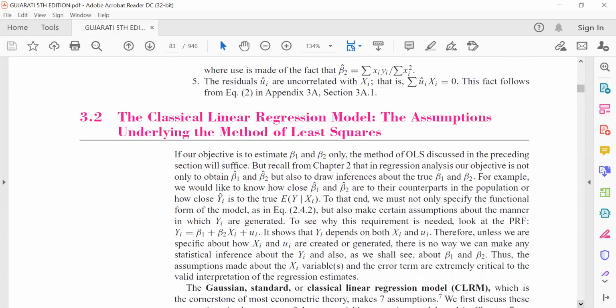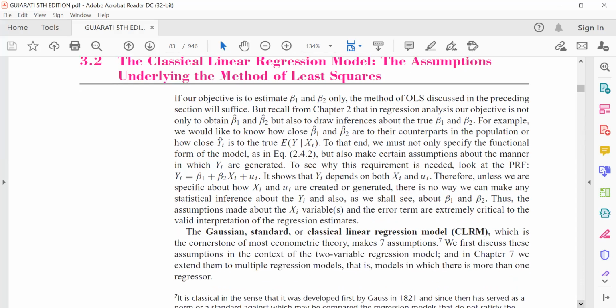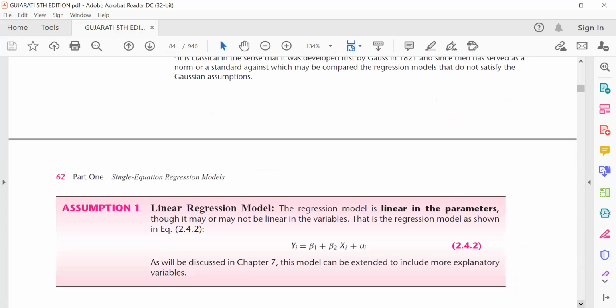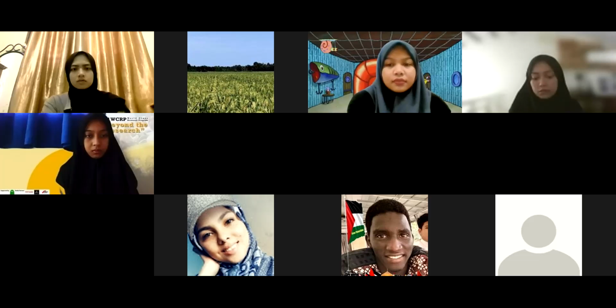Classical linear regression assumptions. There are some assumptions of the classical linear regression model. Assumption number one is the regression must be linear in parameters.